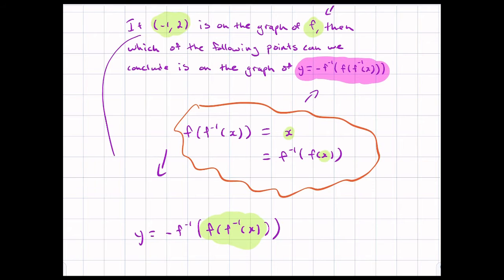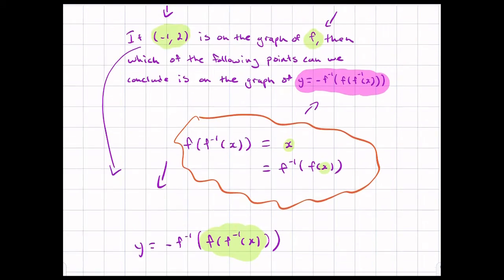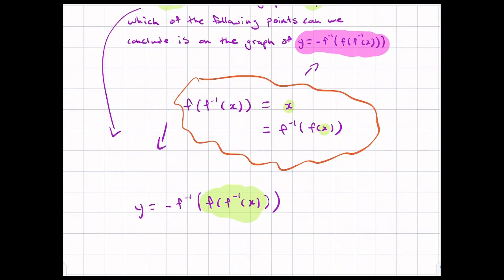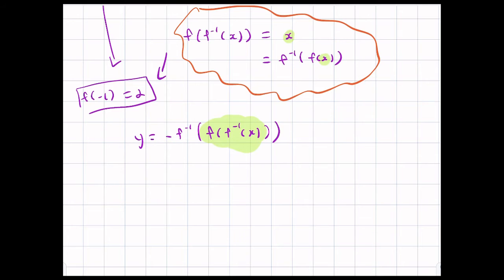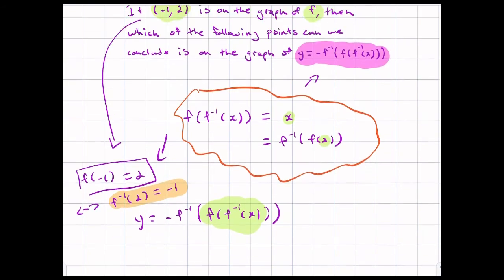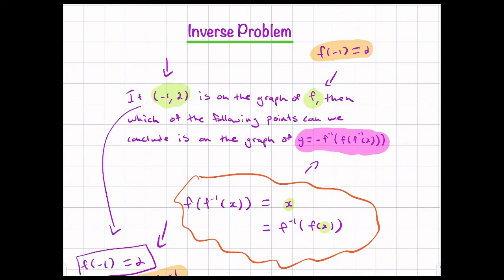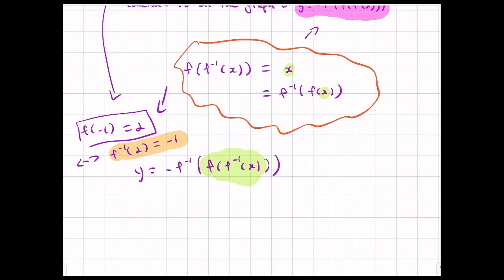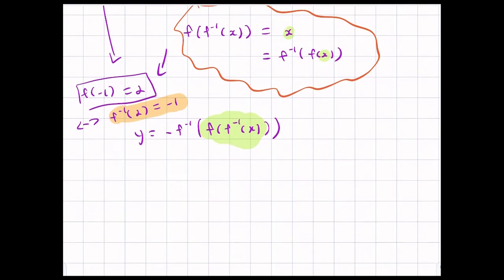And I can use the fact that I know from up here, f of -1 is equal to 2, right? So what does this mean? This means that f inverse of 2 is equal to -1. And we get this from that first piece of information that comes from knowing that (-1, 2) is on the graph of f. F inverse of 2 is equal to -1.